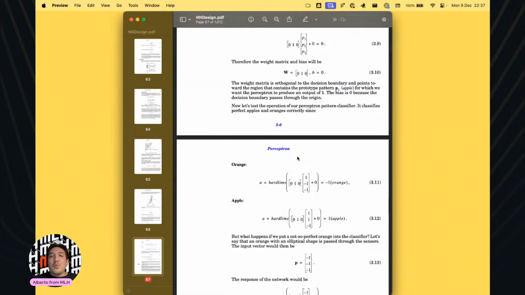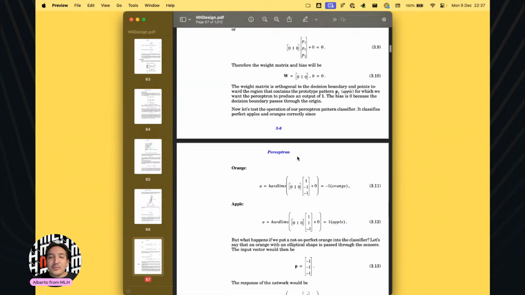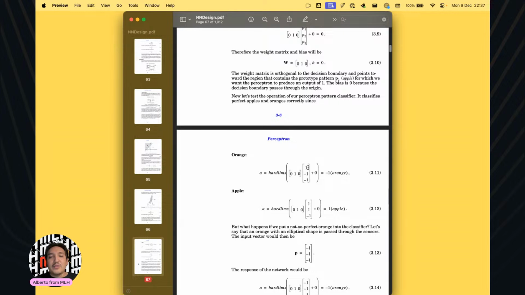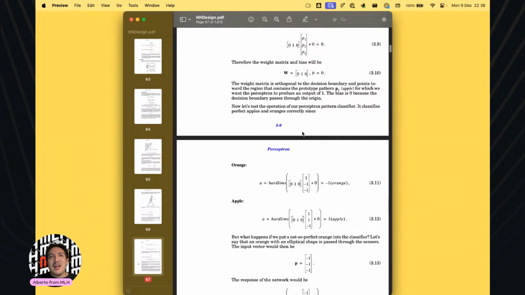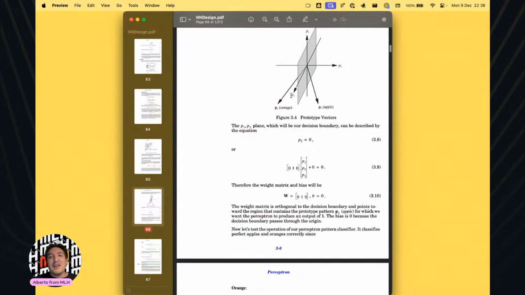So with that in mind, let's test our designed values of the weight and the bias using the prototype vectors. Remember, we used the prototype vectors in the graphic to decide this and check that it works.